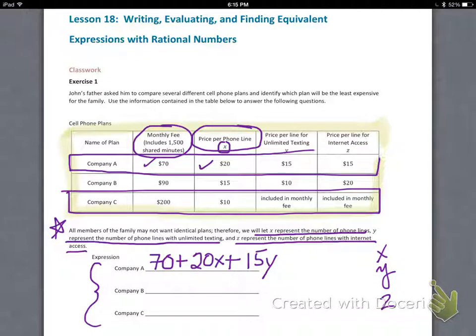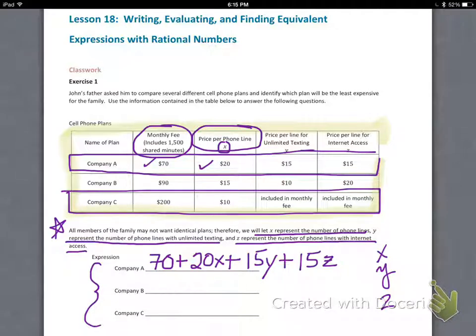Okay, Y. And then finally, we're going to add the price per line for internet access, and that as well in this case is 15, and that is going to be Z, because Z is representing the number of phone lines with internet access.